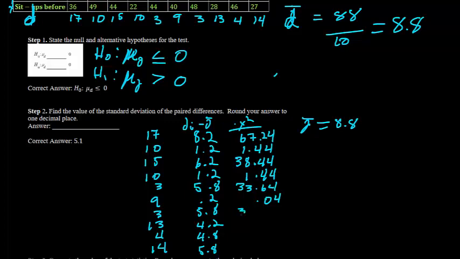Oh, I already did it. 4.2 squared is 17.64.